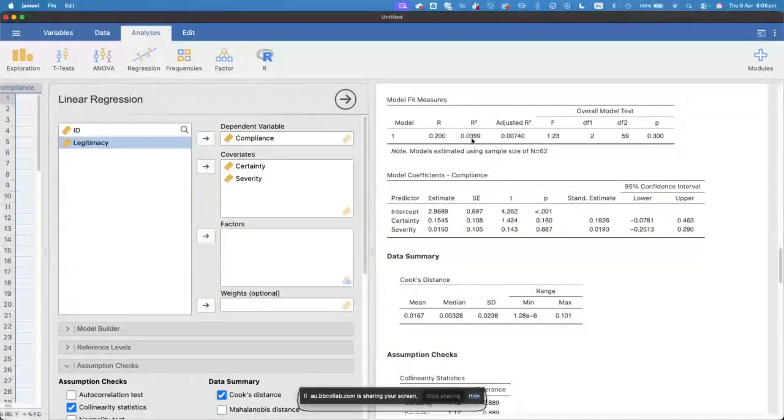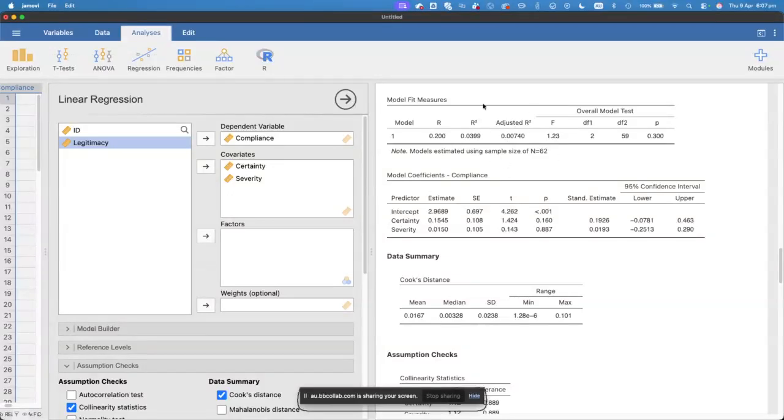So here we have 3.9%, almost 4% of the variance accounted for. That's in our sample. Adjusted R squared is in relation to the population. So this is at the population level. We have 0.7% of variance accounted for by our model. And this makes sense given that our model is meaningless, right?